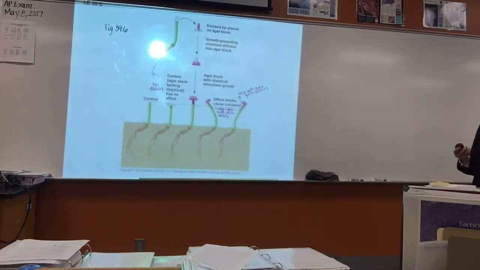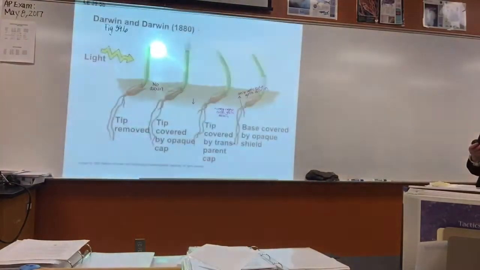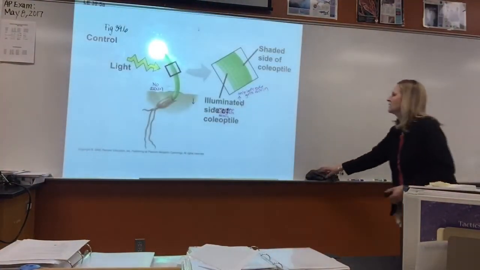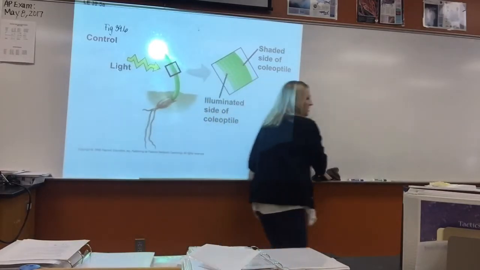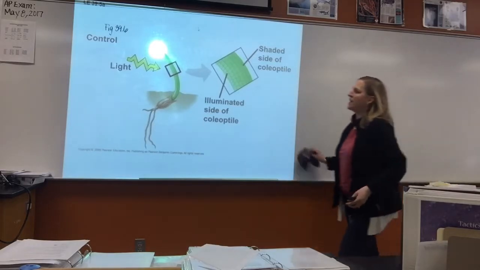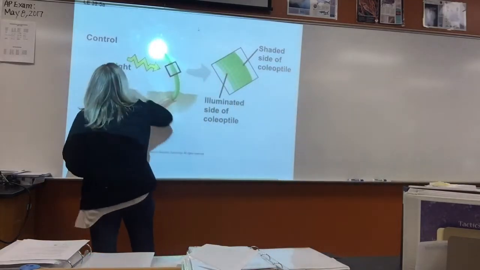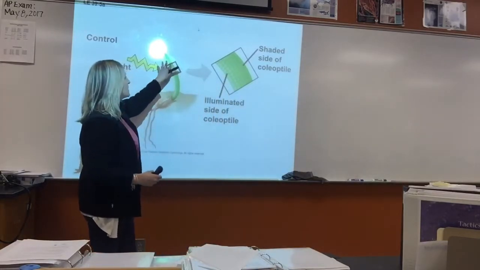So let's pull it all together. Let's go back to the first page with the original picture. Original picture here. So we said that the plant is bending towards the light, and now that we know what we know, what would be the first step in this?